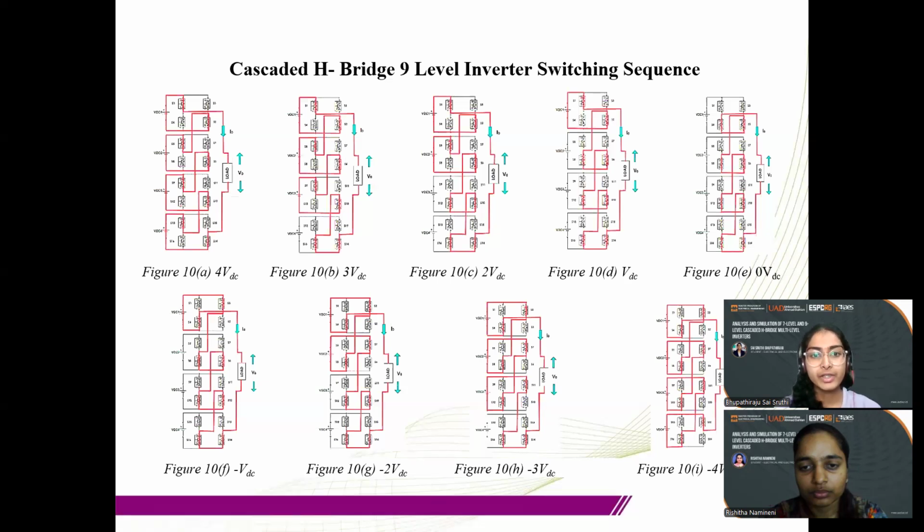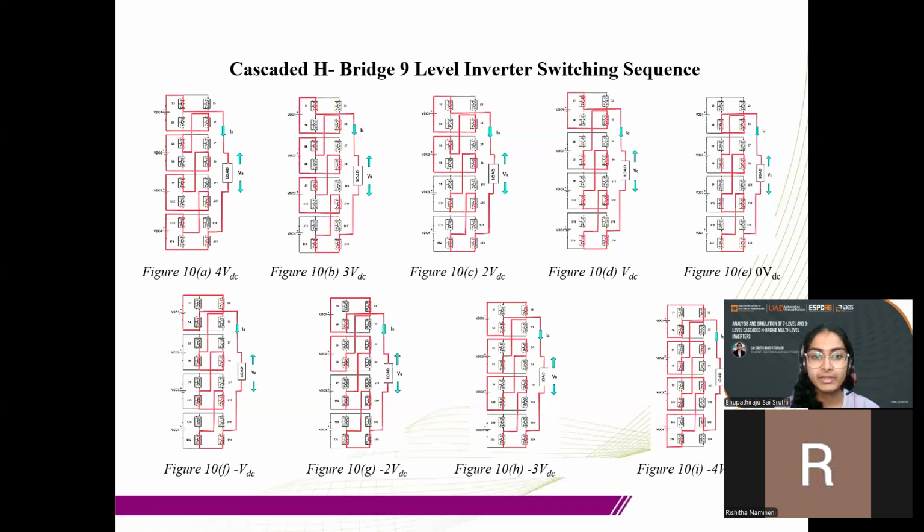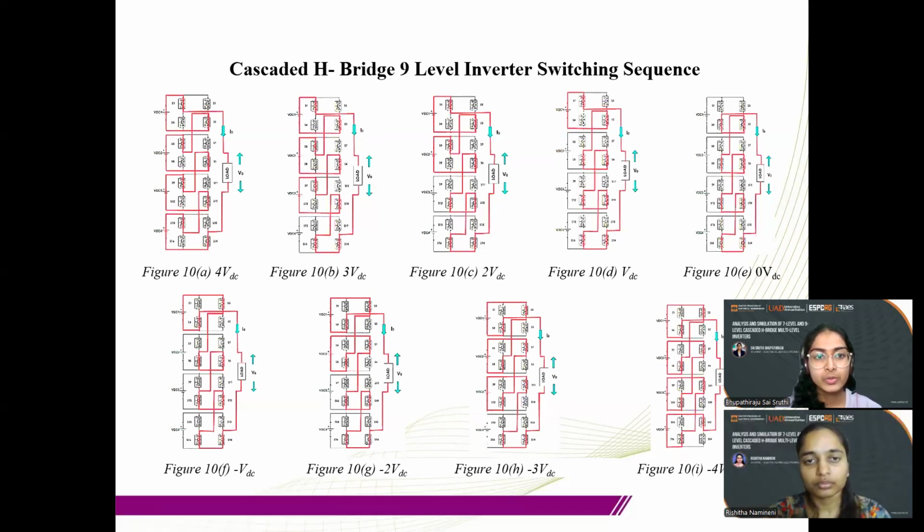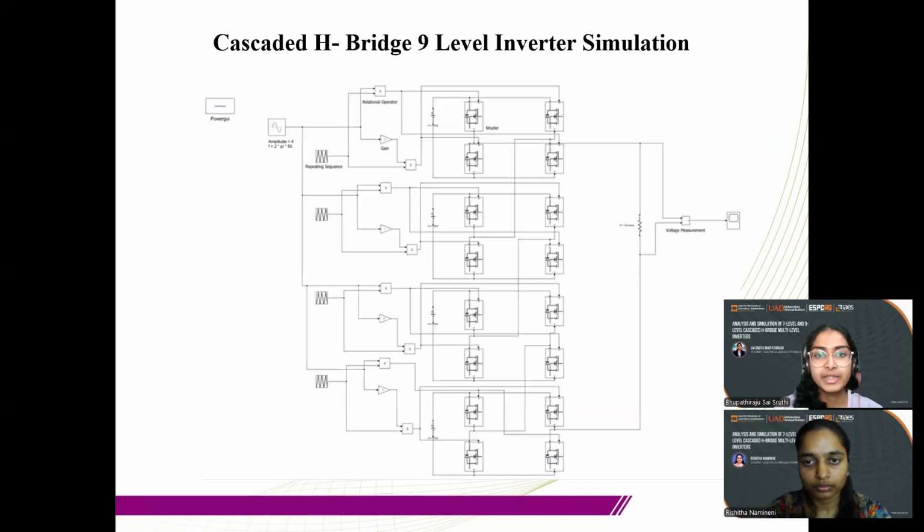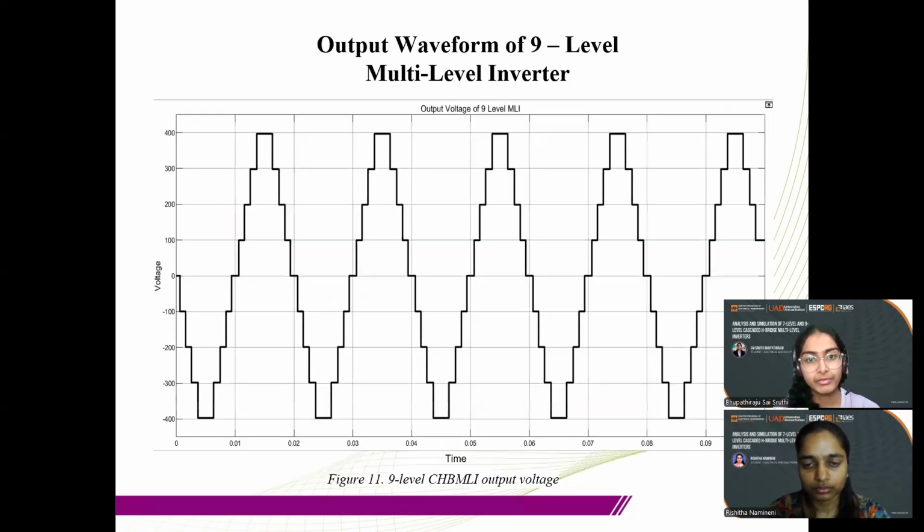Here in figures 10A to I, we see various working modes of the 9 level CHB MLI through which various voltages are produced. This is the simulation model of the 9 level multi-level inverter, and this is the output waveform of the 9 level MLI.